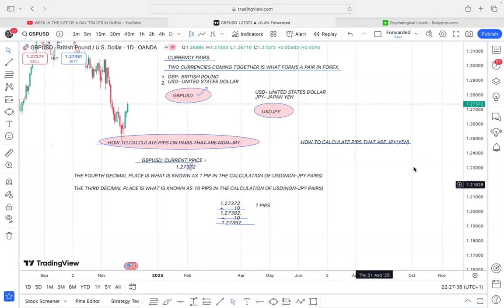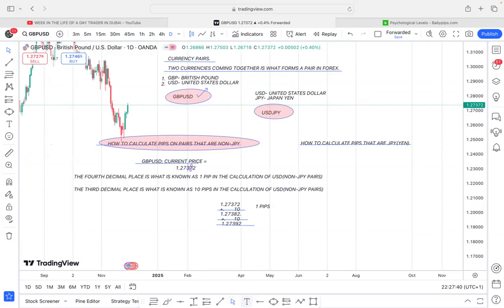So let me show you guys. Our current price right here is 1.27372.